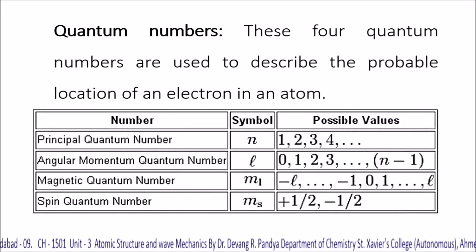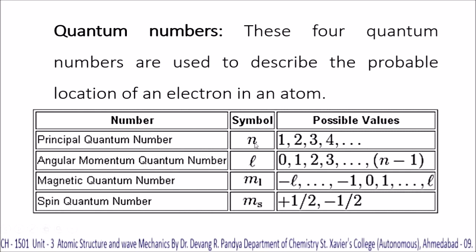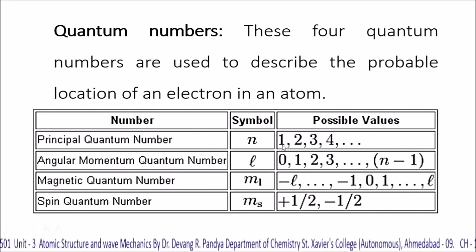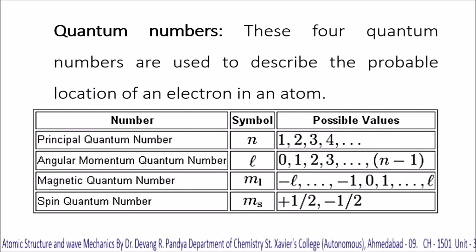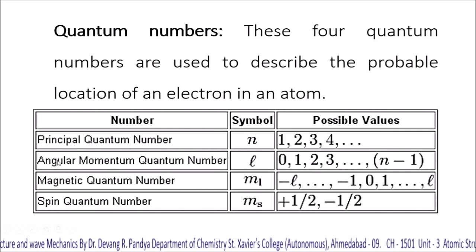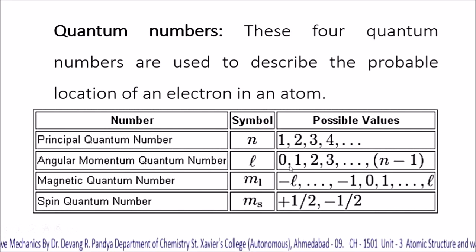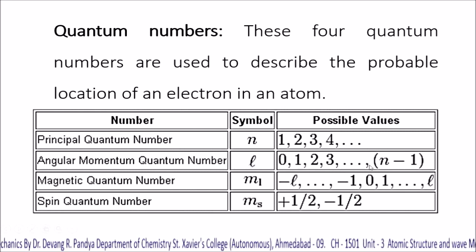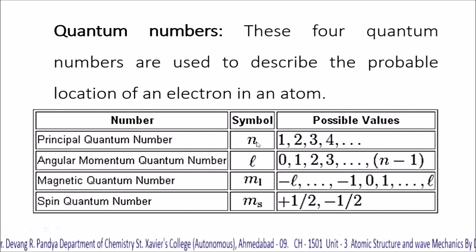So we have the quantum numbers over here. Principal quantum number, that is n, its value is neither 0, nor negative, nor a half integer. It's a full whole number: 1, 2, 3, 4 and so on. Angular momentum quantum number, denoted as L, has values 0, 1, 2, 3 up to n minus 1, where n is the principal quantum number.